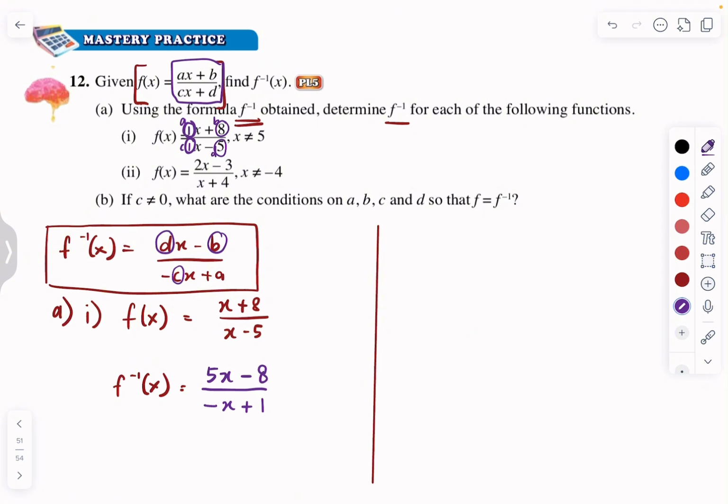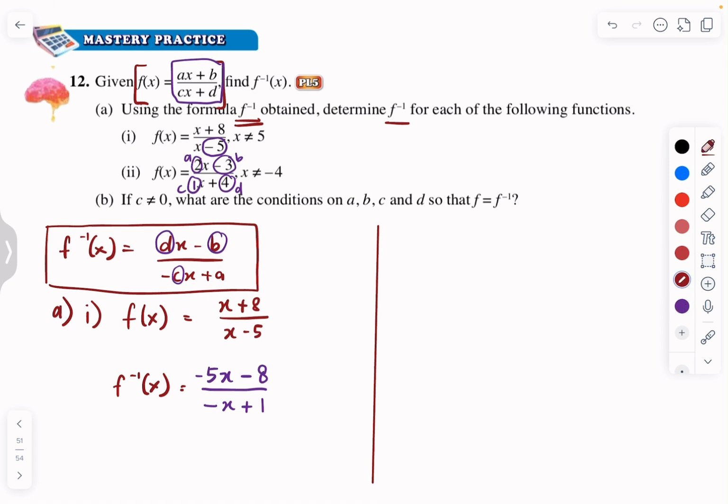Then let's look at number 2. This is our a, this is our b. Actually b is negative 3. Oh, let's check again. Just now our d is supposed to be negative 5, so we put negative 5 here. This is our b, our c is 1, and our d is 4.